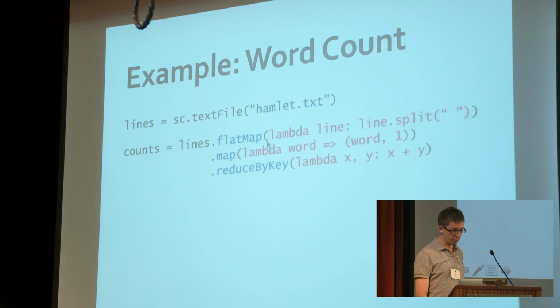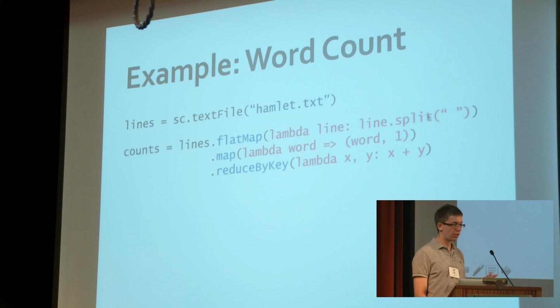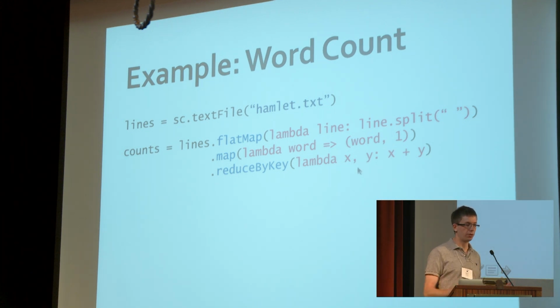We're going to do flatMap, so we split each line of text into words. One input record becomes multiple output records. Now we just have a bunch of words. We're going to map each word to the pair (word, 1), and then we add them together with reduceByKey. We add up all the ones and get the count. So that's all it is.